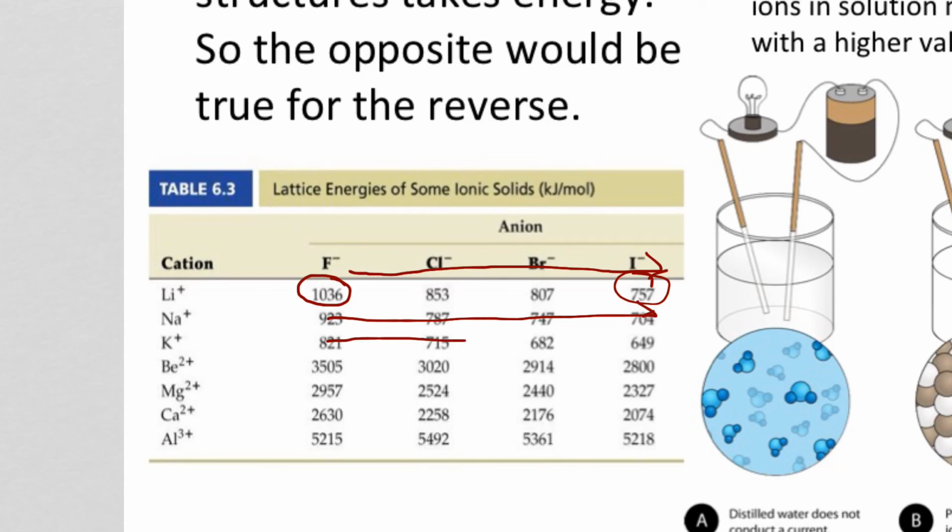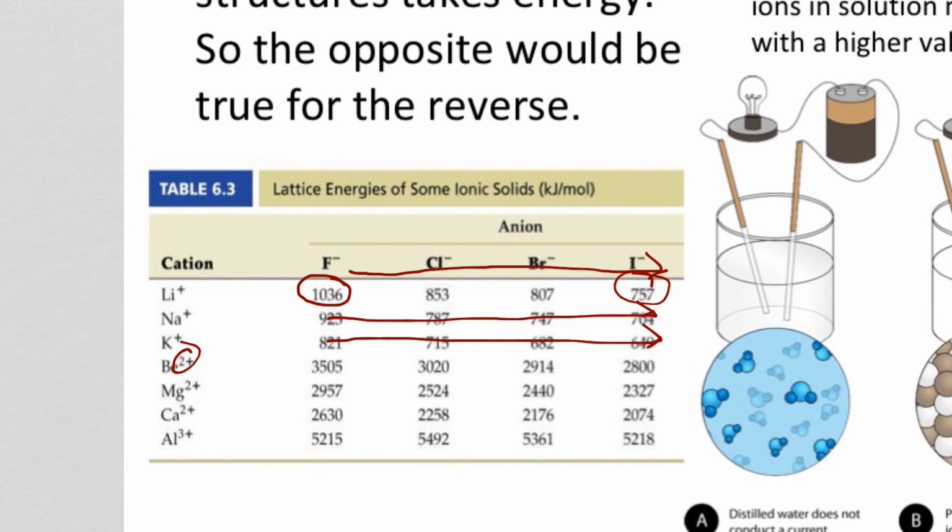As you go down, it gets less because of the attractive force of the iodine ion compared to the fluoride ion. This even holds true with 2+ charges. The reason why these are much higher is because now you have twice the charge present, and so you're going to have more fluorines compared to, in this case, beryllium and calcium and magnesium.